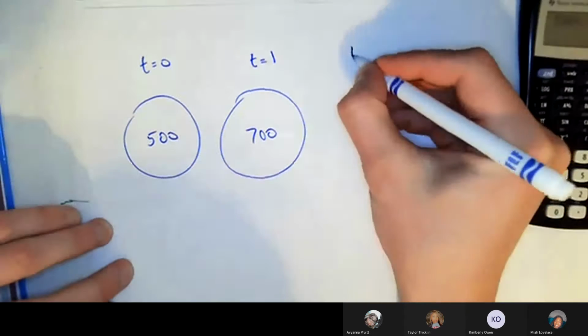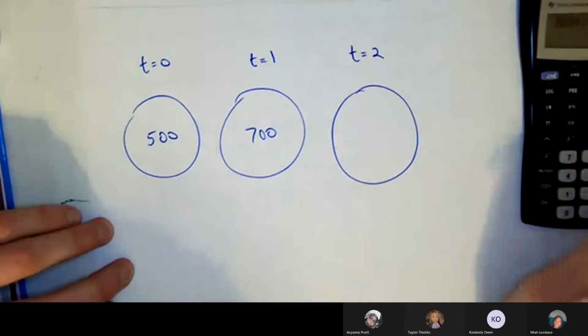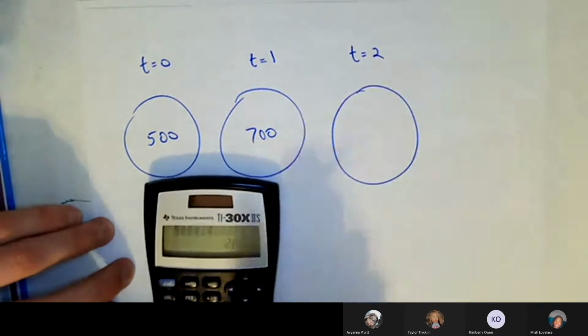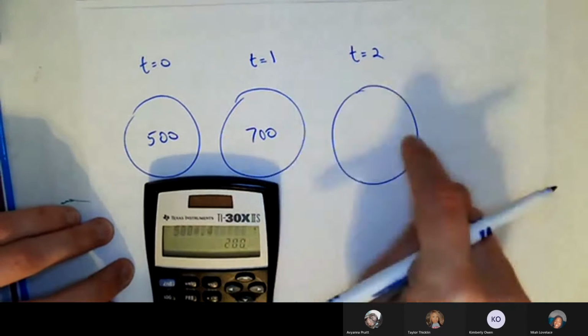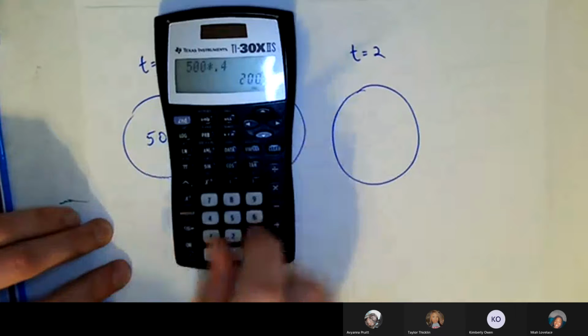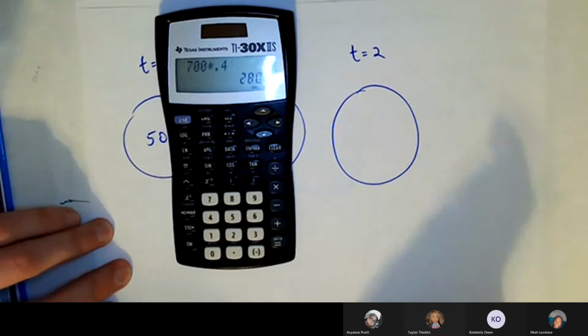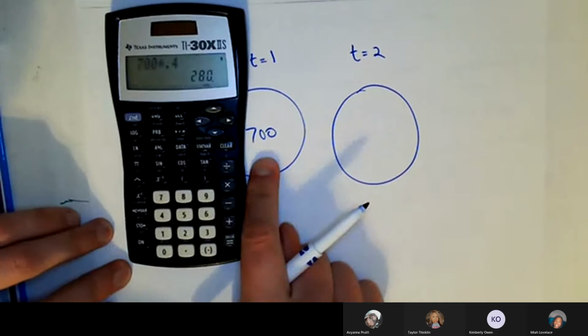Now what happens? Do I just keep adding 200? No, right? I need to add 40% of the current population. It's always relative to the current population. So 700 times 0.4 is 280. That gets tacked on.